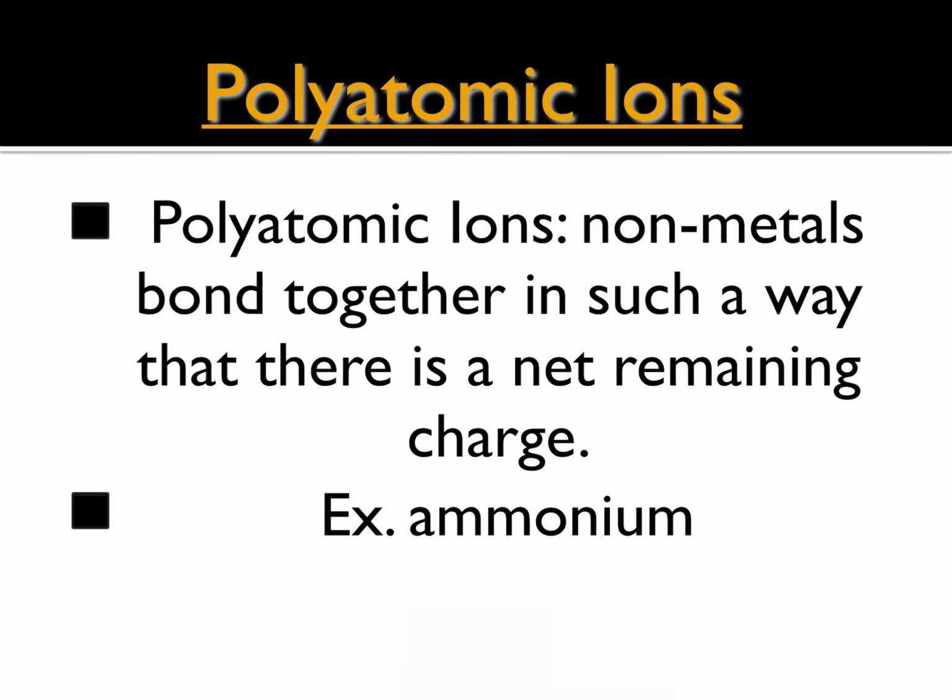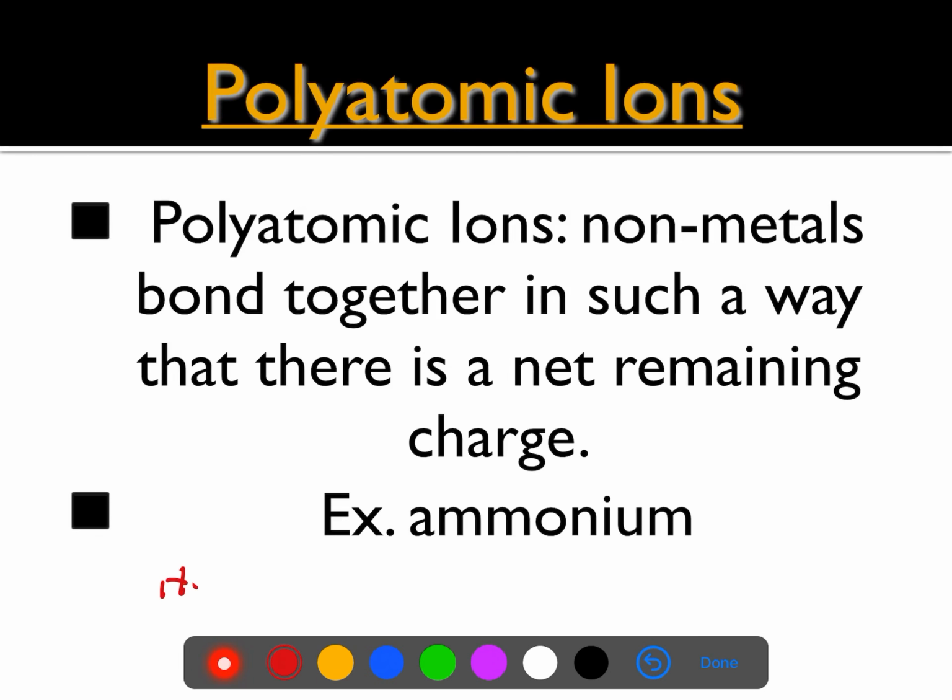The last type of bond that they want to talk about in this chapter 12 is polyatomic ions. And polyatomic ions are what we call dative or coordination bonds. I like to use the term heterolytic. And heterolytic means instead of each atom contributing one electron, one of the atoms contributes 2 electrons and the other atom doesn't contribute anything.